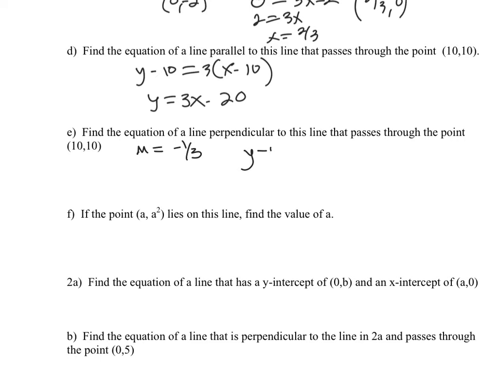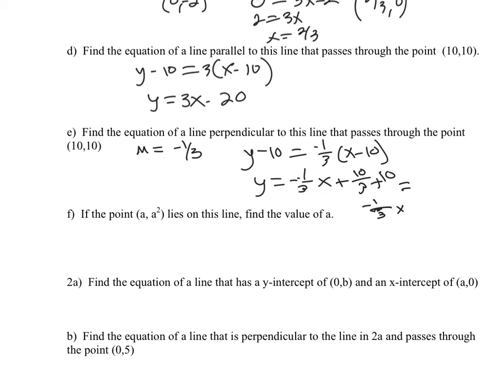So we get y minus 10 equals negative 1/3 times x minus 10, or y is equal to negative 1/3 x, plus 10/3 plus 10. When we combine these two, we're going to get 40 over 3, because the 10 becomes 30 over 3.